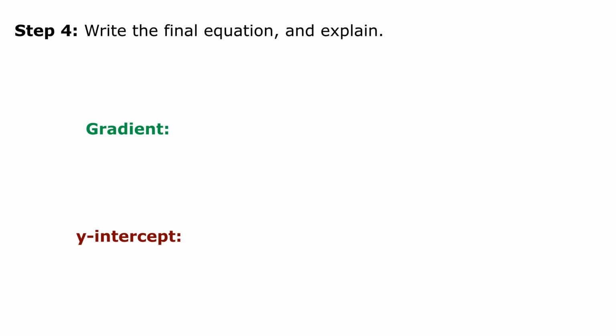Okay, so now I want to put all of that information together and then explain it. So our wall-sit time is equal to our gradient, which is 12, times the age, because that's my x variable, take away the 144. So y equals mx plus c. Now we need to explain this. So I've got a gradient of 12.